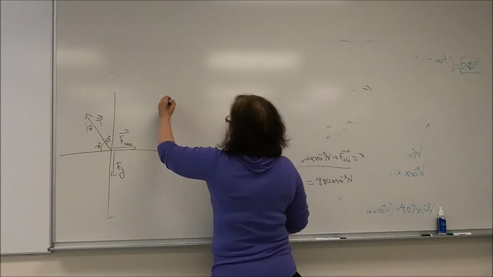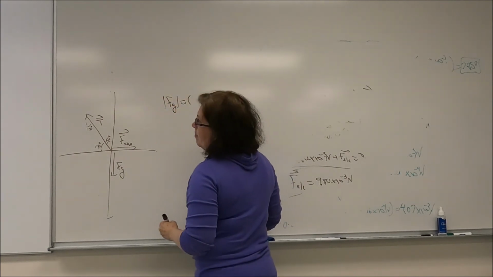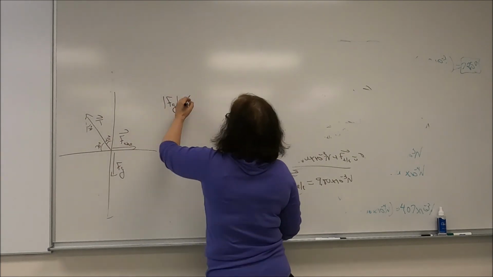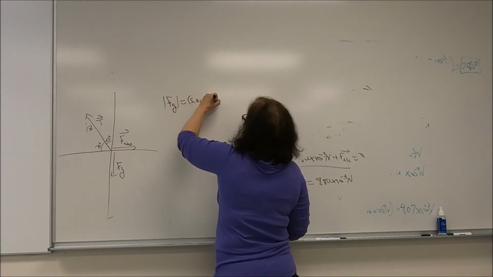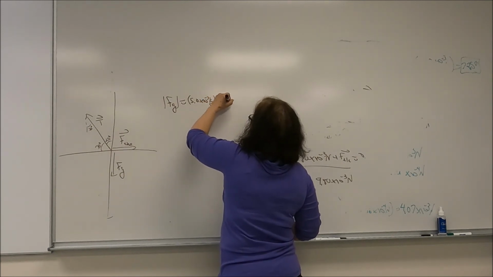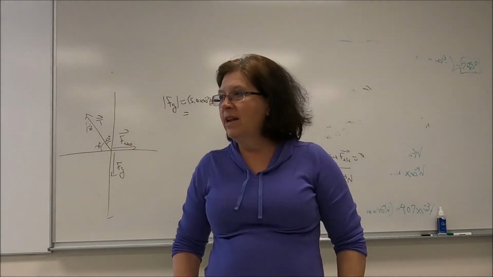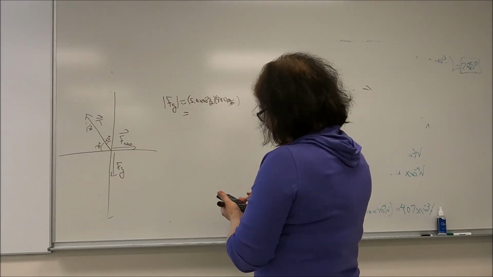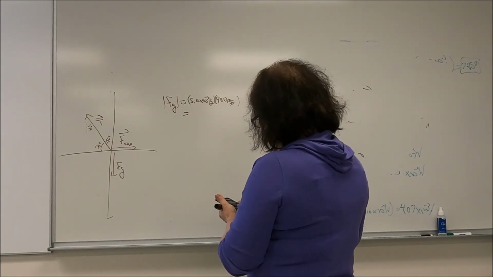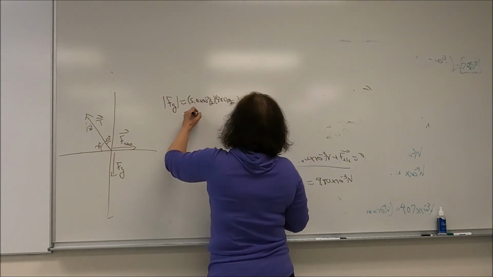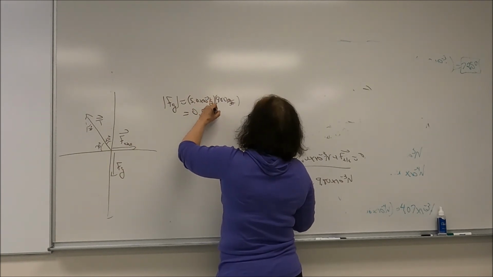Now, our force due to gravity is going to be the mass of the object, which is 5.0 times 10 to the minus 3 kilograms times 9.80 meters per second squared. So force due to gravity, 5 times 10 to the -3 times 9.80, is 0.0490 newtons.